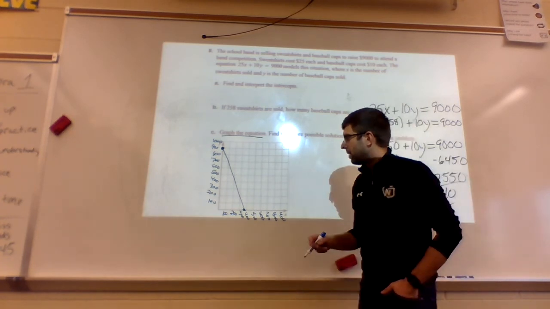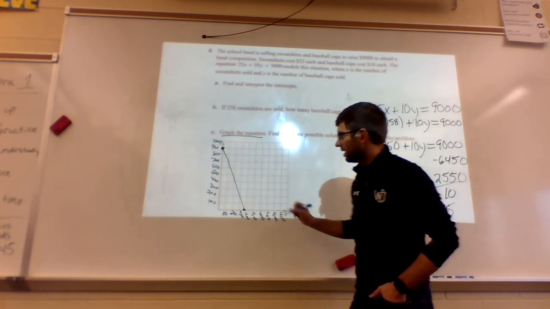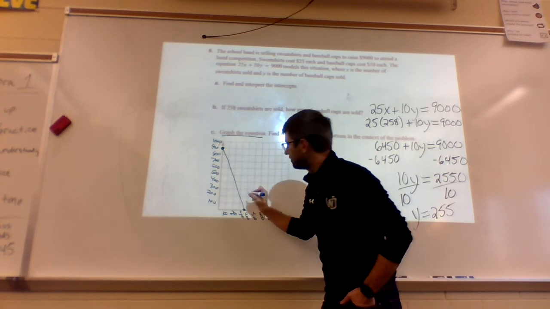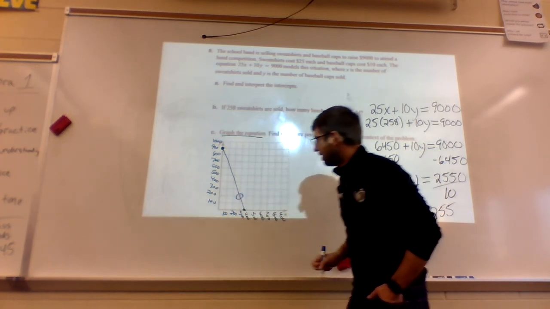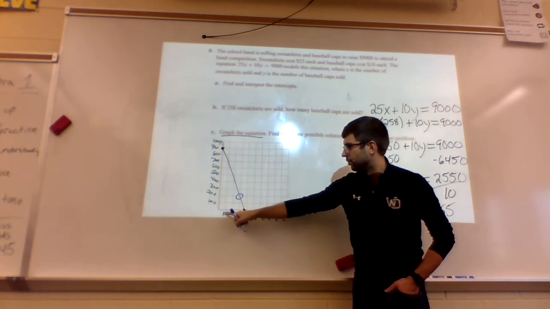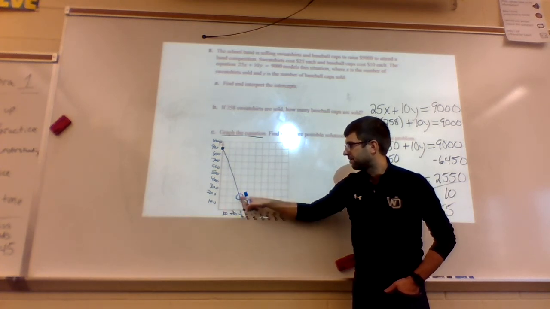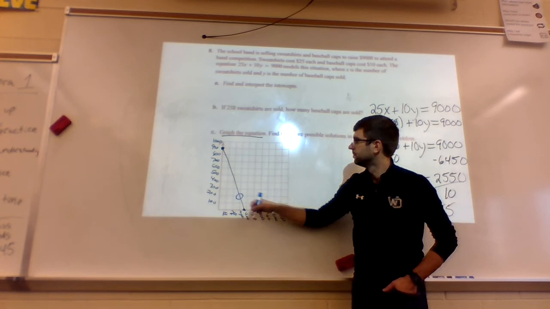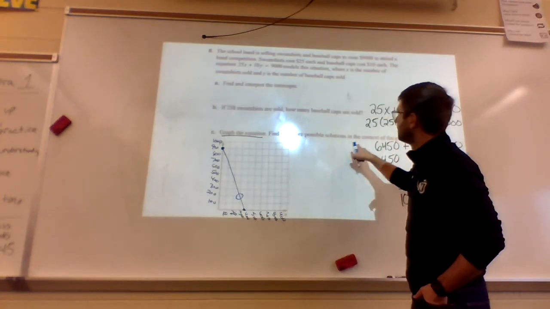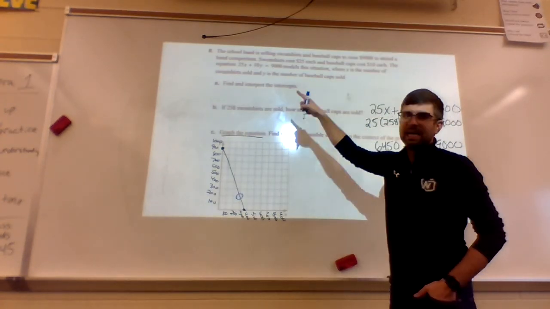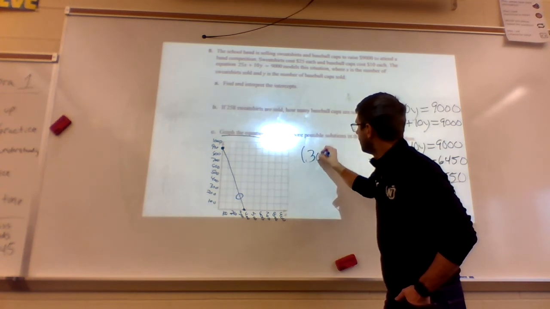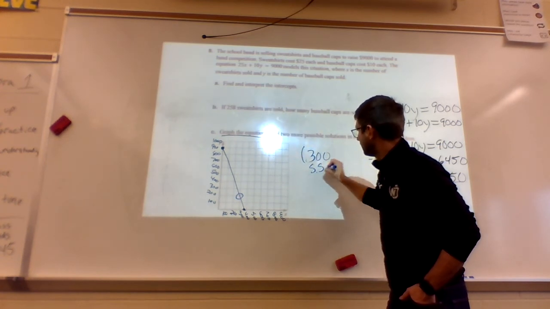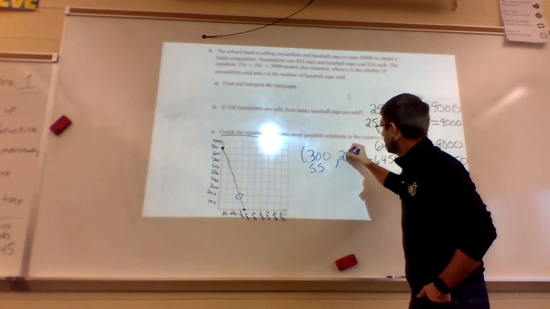While my graph might not be perfectly straight, let's just pick out some approximate points here. It looks like on my graph there's a point pretty close to 300 for the x and 200 for the y. So a possible solution to make 9,000 might be to sell 300 sweatshirts and 200 caps.